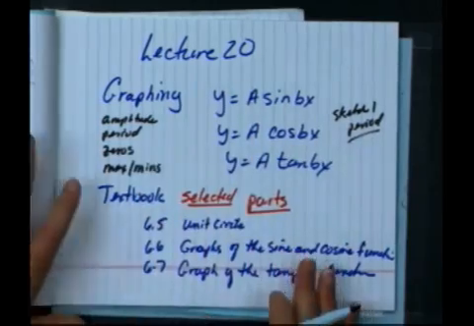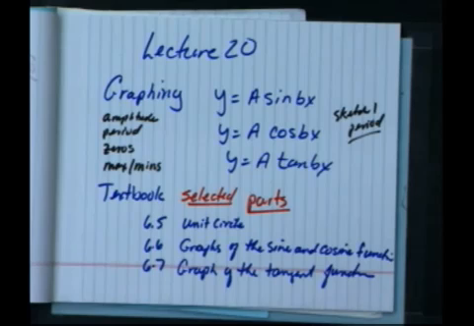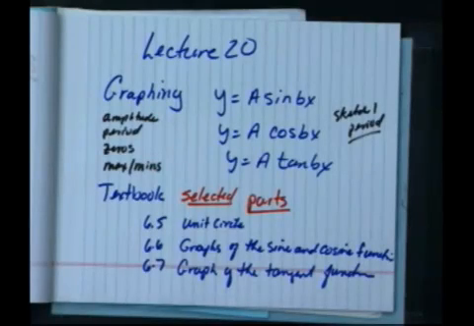Okay, and there's not a particular one section of the textbook, so I want to point out that we're just going to do some selected parts from 6.5. The unit circle is not an objective of Math 107 because we're right triangle trigonometry folks, but the unit circle is a nice little tool for seeing where we're getting our numbers when we do our sketching.